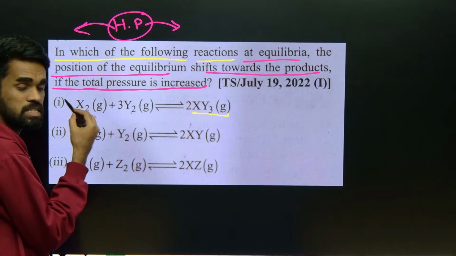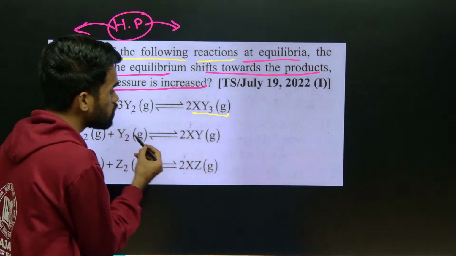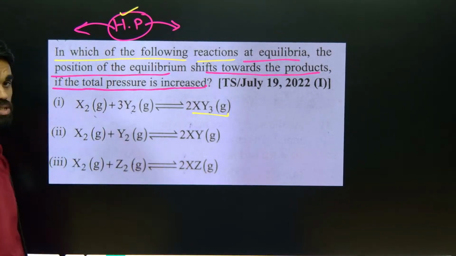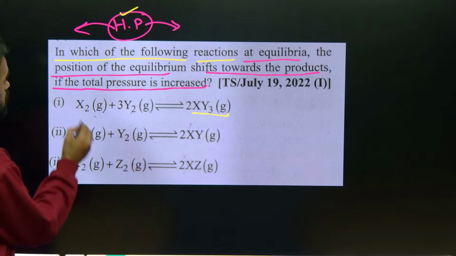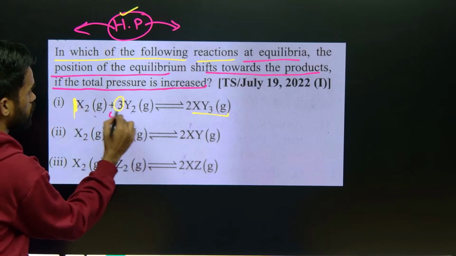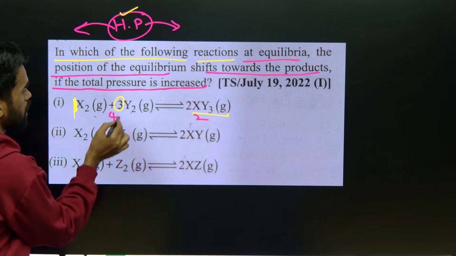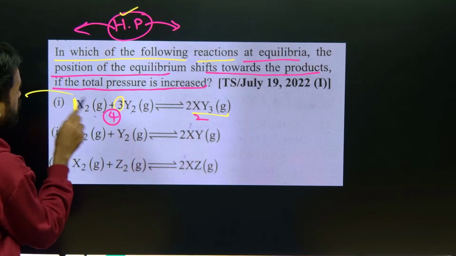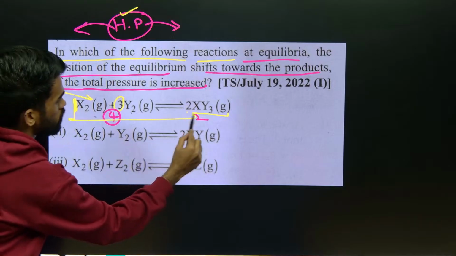If gaseous reactants are more, the equilibrium moves forward on high pressure. So just look at this, see, 1 gaseous reactant and 3 gaseous reactants, total 4 on this side, 2 on this side. So gaseous reactants are more, and if I increase the pressure, the equilibrium moves forward, that's it.